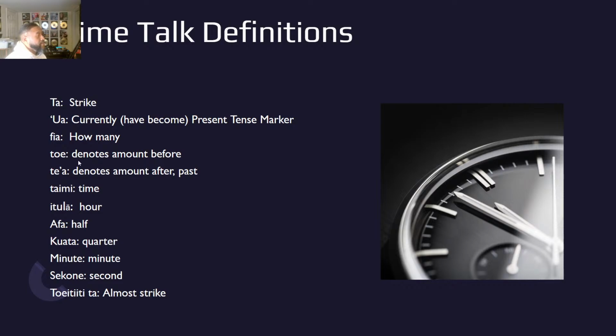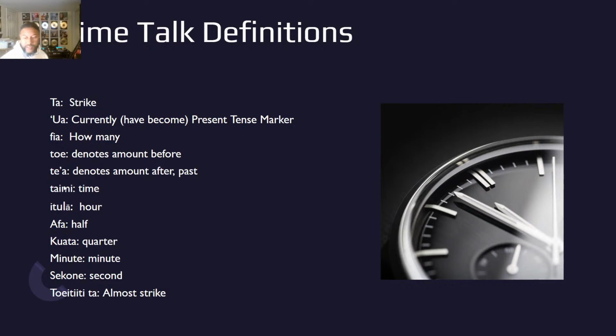So toi, we're talking about the time before. Maybe it's 5 minutes before five, 5 minutes before the hour, whatever it is. Toi, that's where that word comes from. Te'a, we're talking about the time after. So if it's 10 minutes after the hour, 27 minutes after the hour, that's what te'a is.